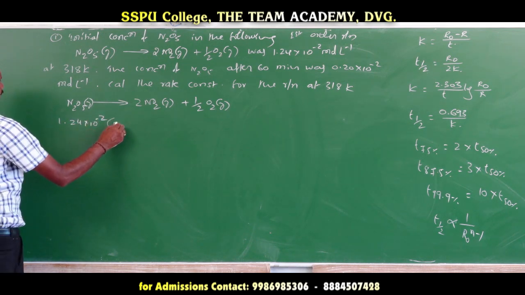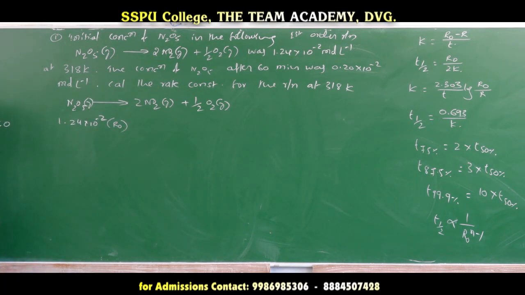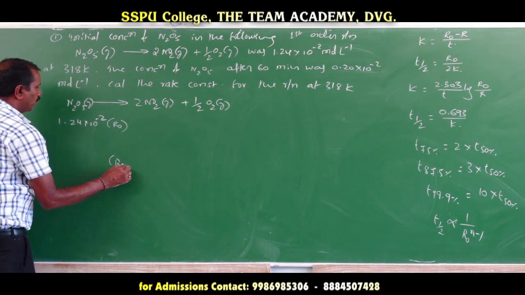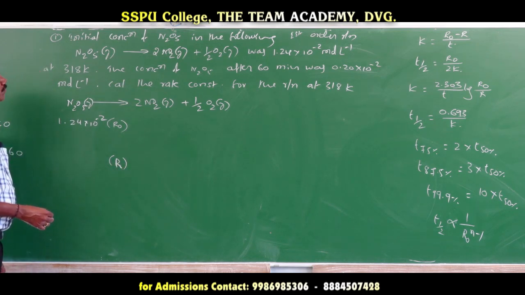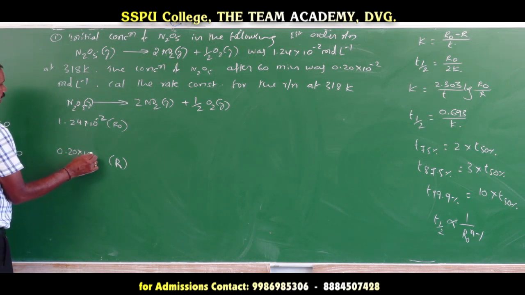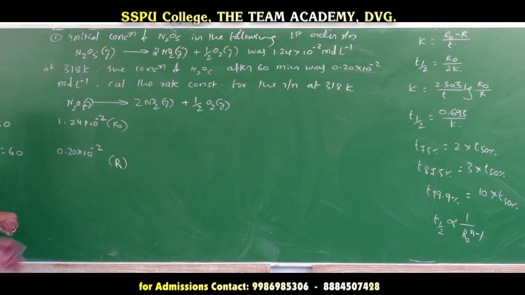That I will consider as R0. So at 318 Kelvin, after 60 minutes, when T is 60, the left-behind concentration R is 0.20 into 10 to the power of minus 2.